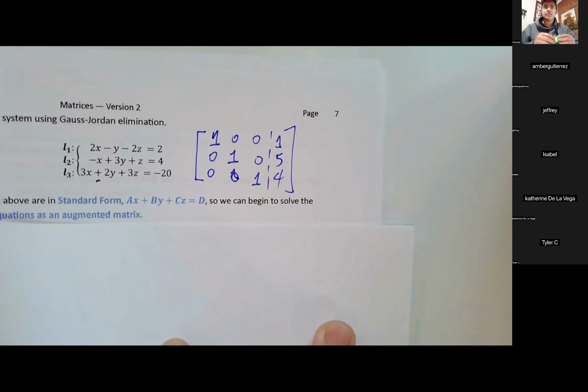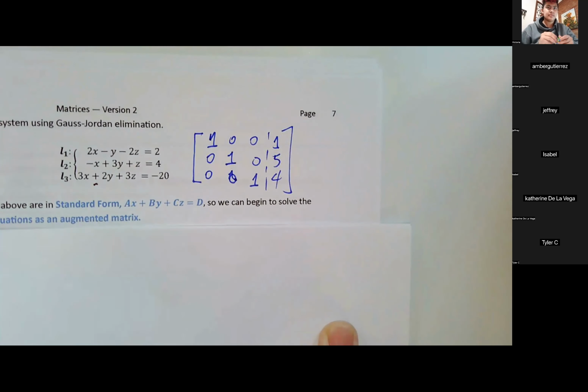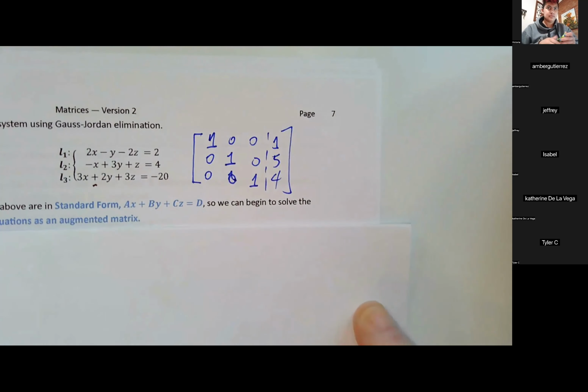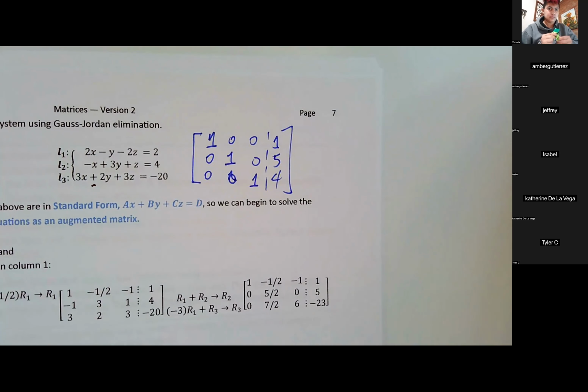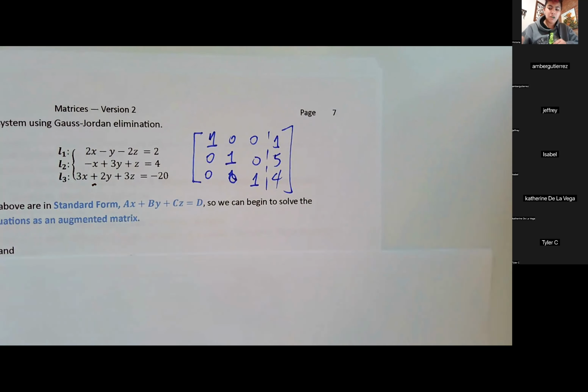And we just need to check. Wait, were all those positive? Let's check.